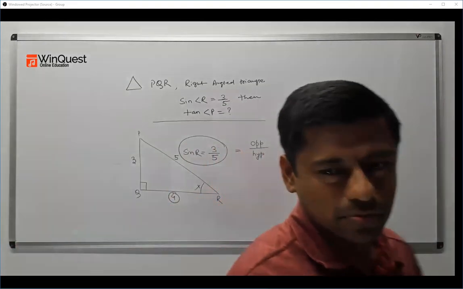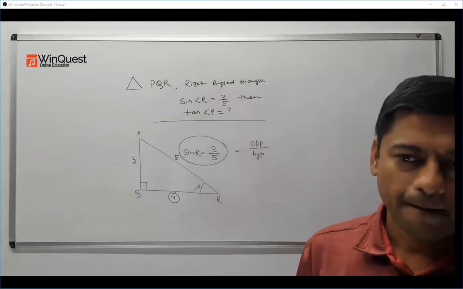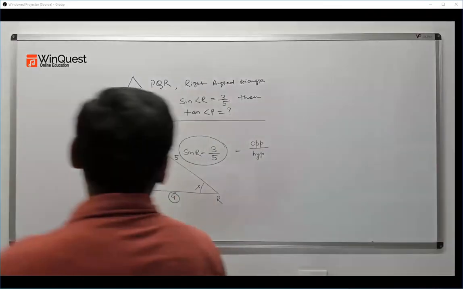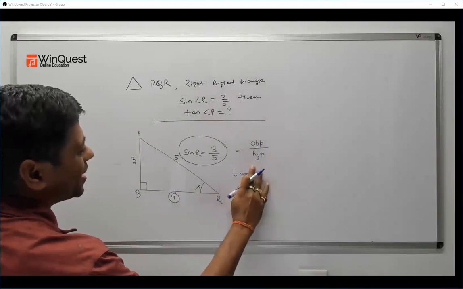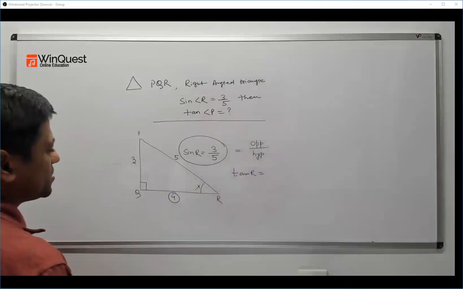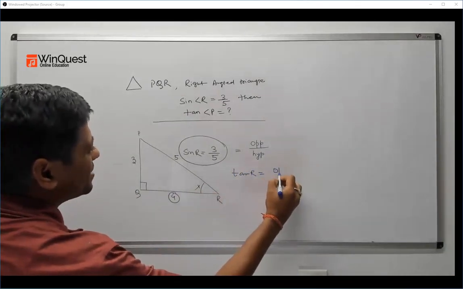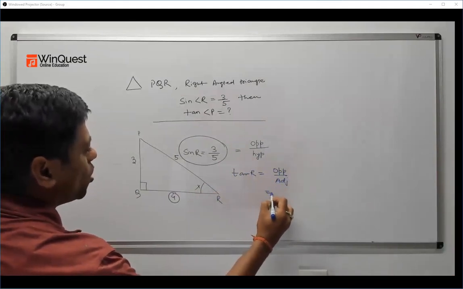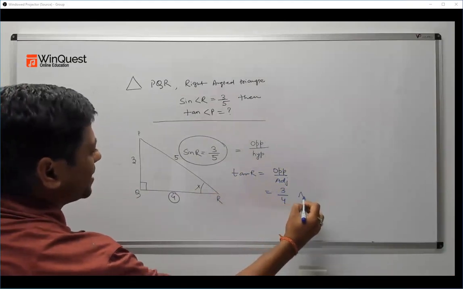Am I okay? Yes, you're okay. So the tangent of the angle is opposite over adjacent. Opposite in this case is 3 and adjacent is 4, and that should be my answer.